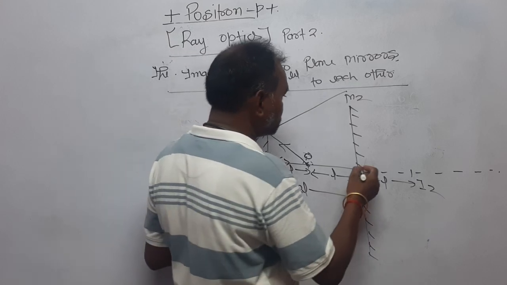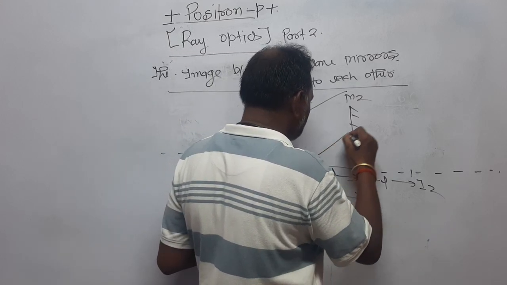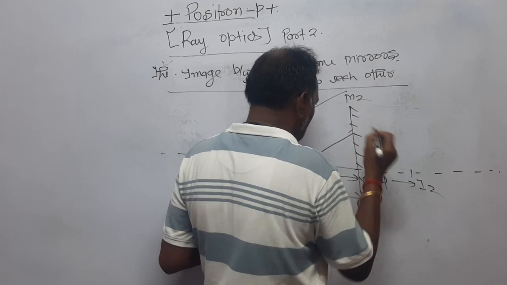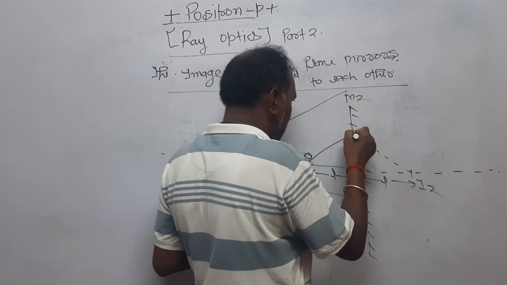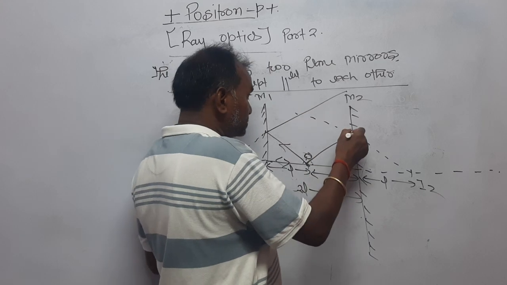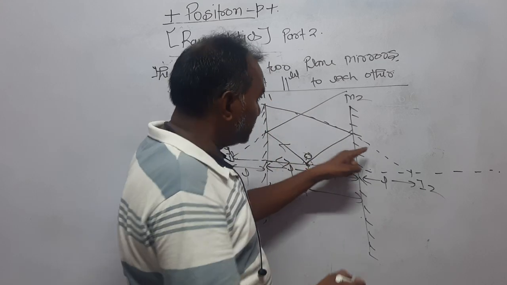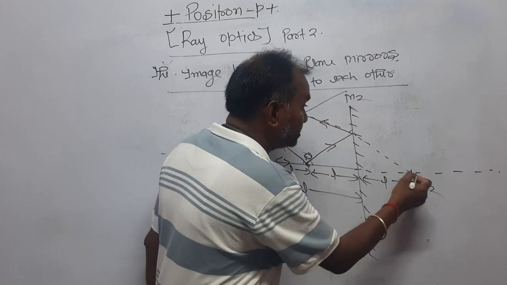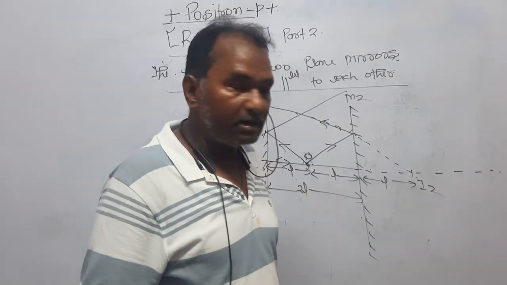And now, dear student, in the same way you can say like this, and take a reflection from it. Means actually this ray is reflected from here and appears to come from I2, right?